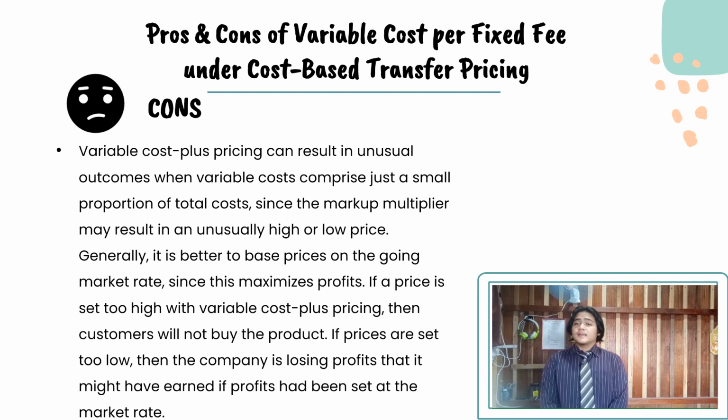If a price is set too high with variable cost plus pricing, then the customer will not buy the product, and if the price is set too low, then the company is losing the profit that might have been earned if the price had been set at the market rate.